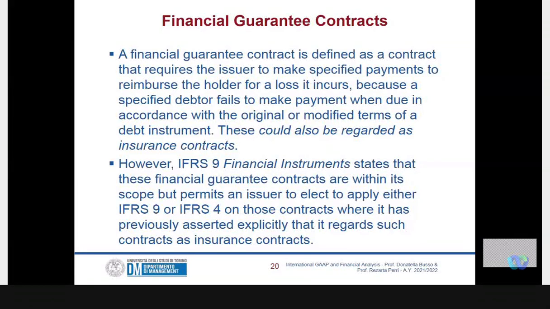Now remember, product warranties or product guarantees are not under IFRS 4 because they are under IAS 37 provisions. Whereas for financial guarantees, the insurer can choose whether to treat and report them under IFRS 4 or IFRS 9, which covers the financial instruments. Actually, it is the choice of the company itself.